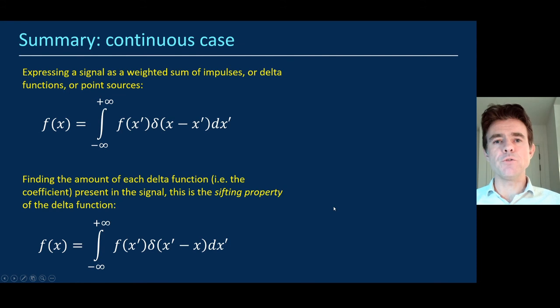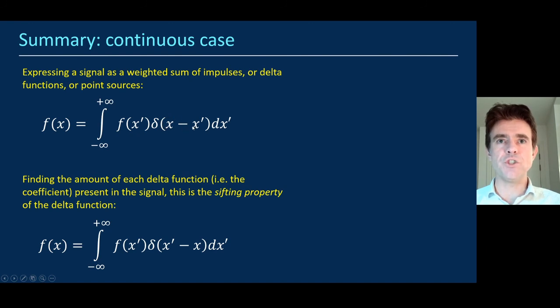Those equations which I've just written for the discrete case can also be written for the continuous case. Here we're saying that some function f can be expressed as a weighted collection of delta functions. This is the delta function in the continuous case.